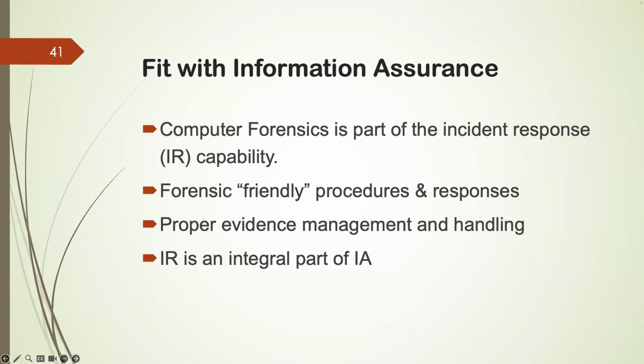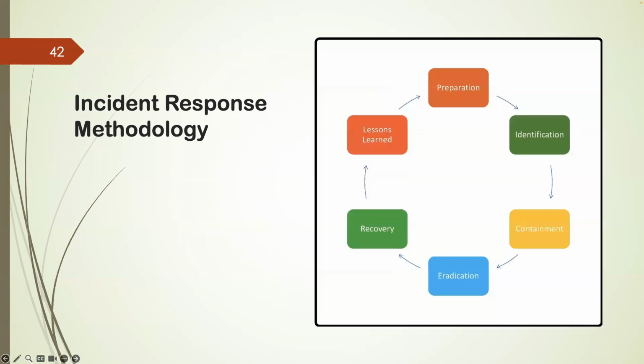For example, if the attack exploited any vulnerability, after making sure that the attack is eradicated and the recovery is done, you make sure that you patch all the vulnerabilities that were out there as well. And incident response is an integral part of information assurance, your overall cybersecurity umbrella.